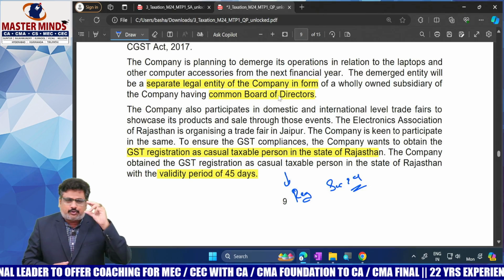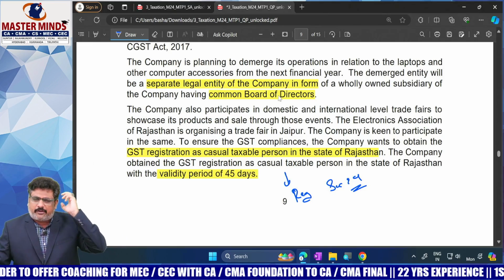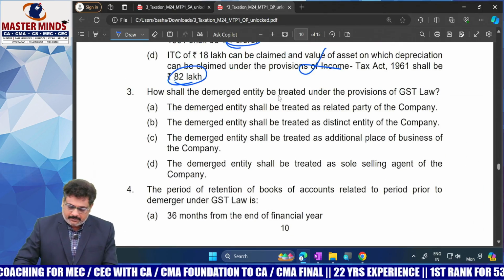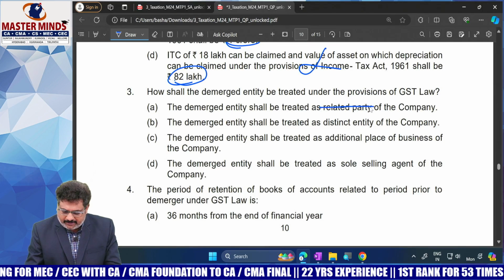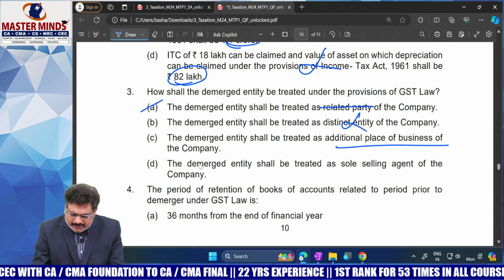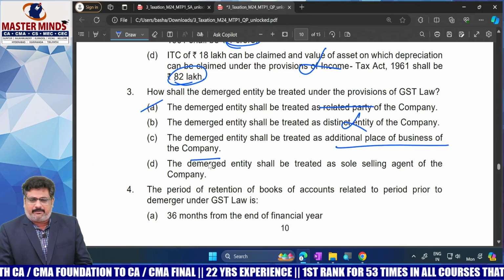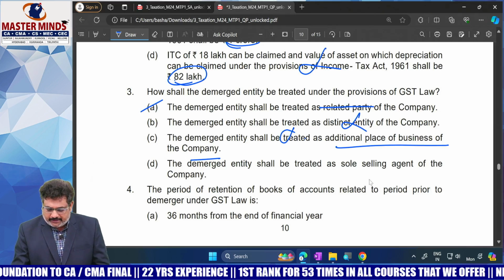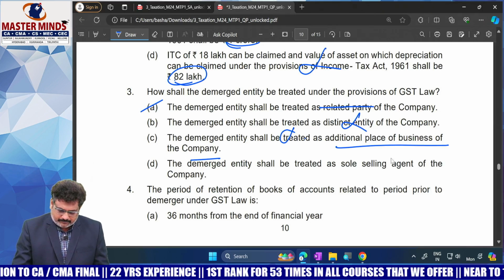Okay, these two words will tell you the answer for the entire paragraph. See this? Is it a related party? Yes, this one. Distinct person? No. It is not an additional place of business of the company. Definitely it is a separate person. Demerged company is not a sole selling agent. Okay.